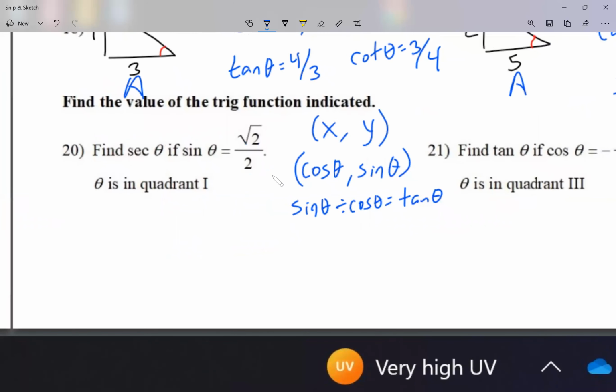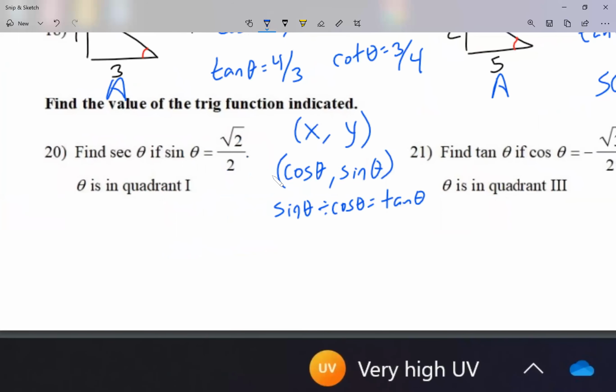Okay, so let's take a look. Here, I need you to find secant of theta. So we're finding secant, but the sine of theta is going to be radical 2 over 2, and theta is in quadrant 1. So look in quadrant 1 at the point where the y value is radical 2 over 2.